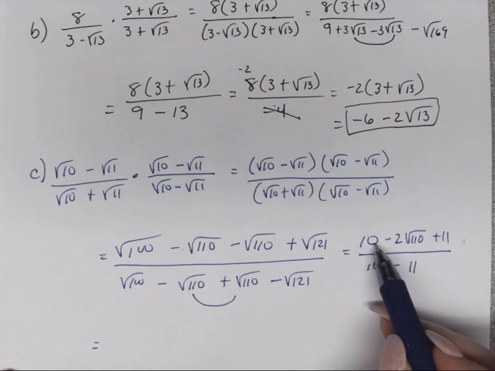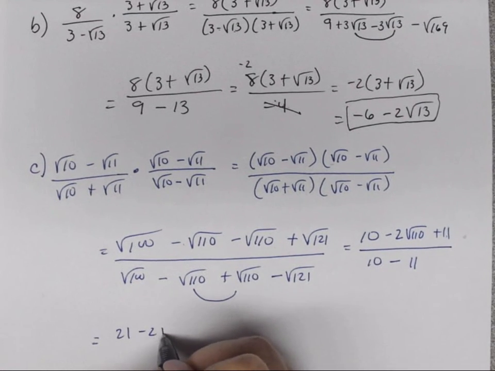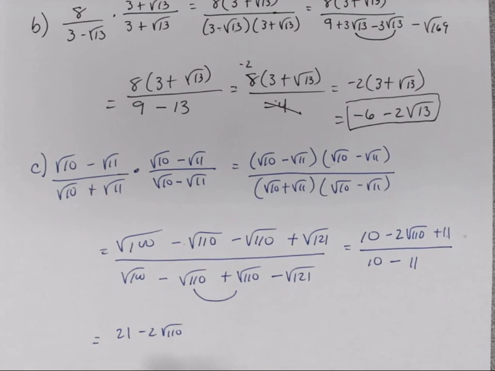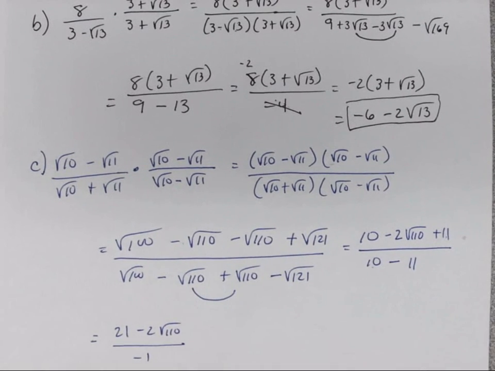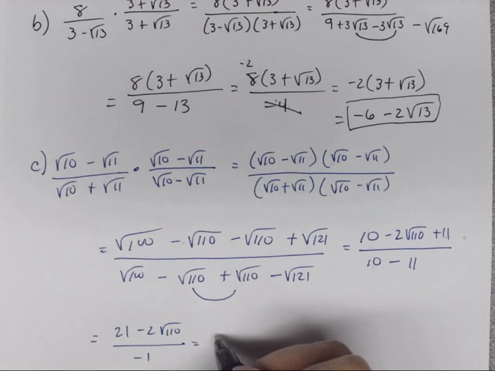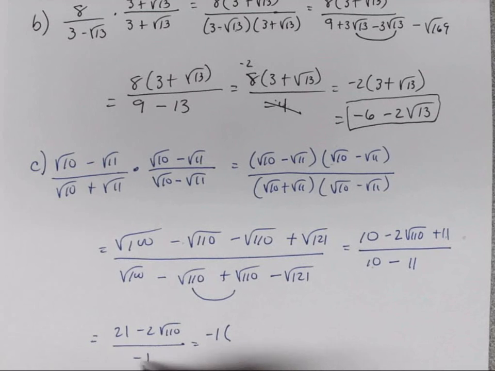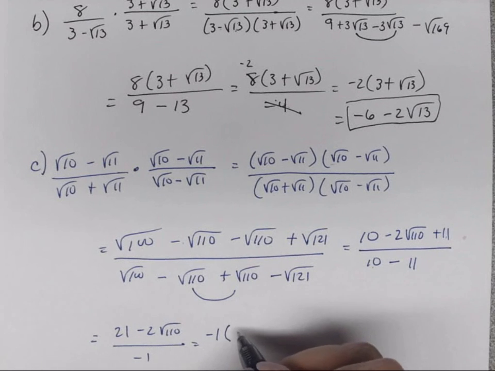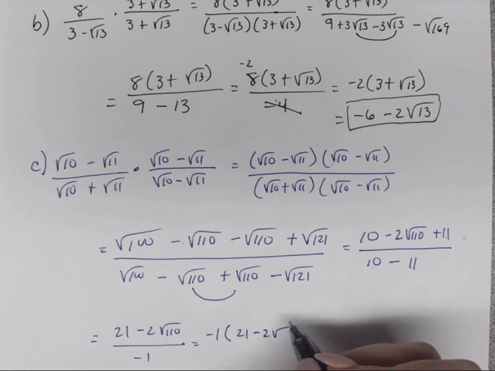So on the top we have 10 plus 11, which is 21, minus 2 square roots of 110. And then 10 minus 11 would be a negative 1. So this will become negative 1 because you can divide or multiply by it. So a negative there, we've got to bring it up as 21 minus 2 square roots of 110.